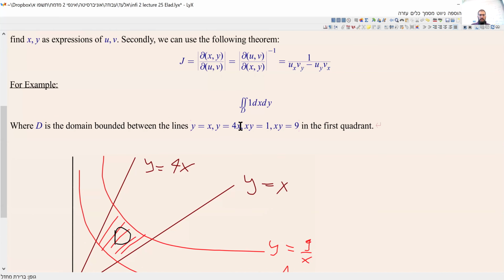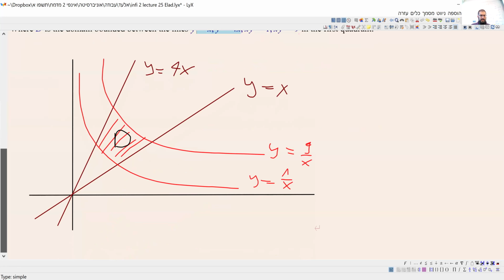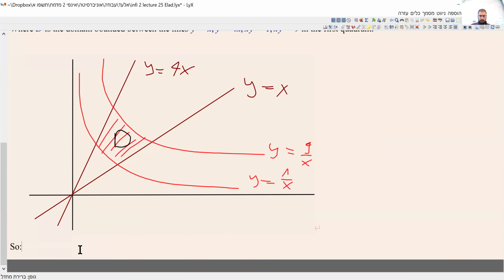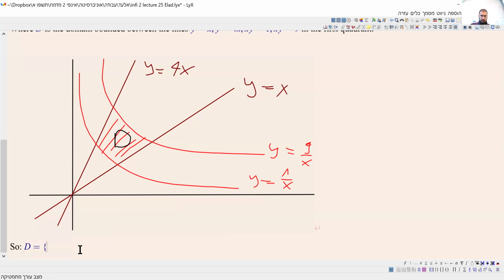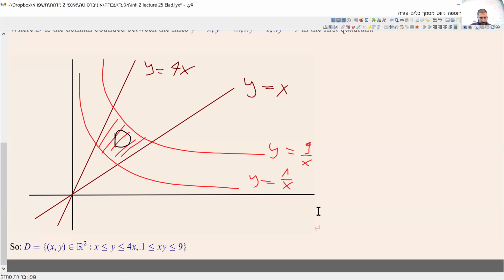We know that in this domain, y is between x and 4x, and x multiplied by y is between 1 and 9.